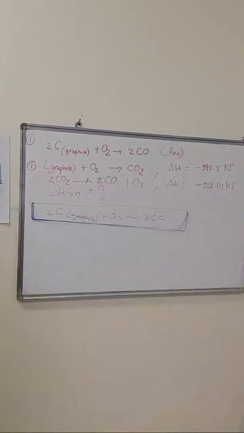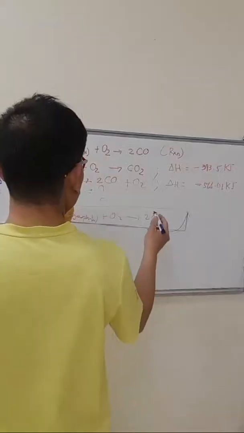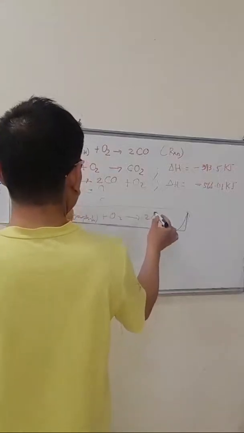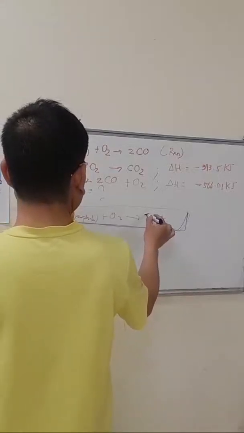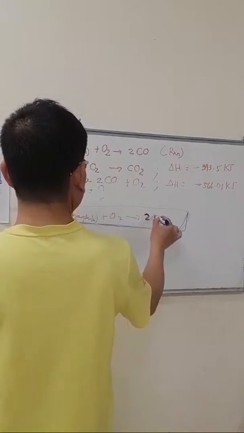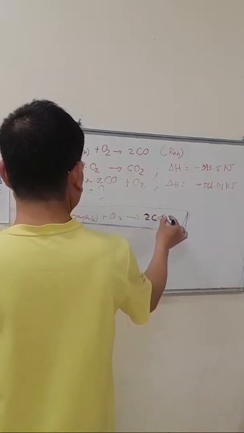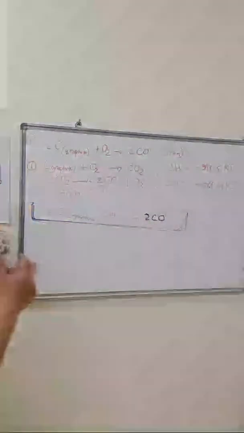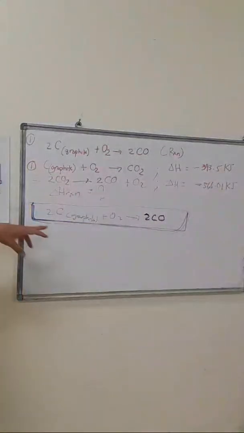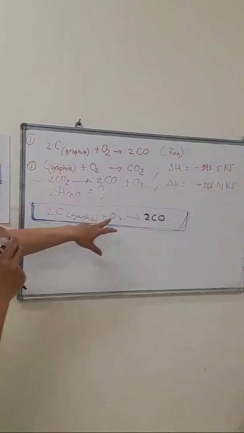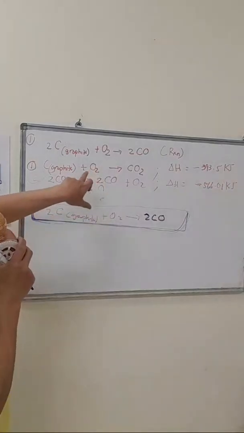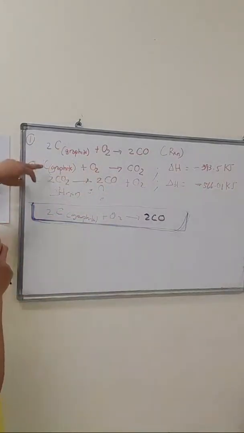Now take note, your product is carbon monoxide. Carbon monoxide is your product here. And your reactant is the oxygen gas, and the CO2 is in the reactant.